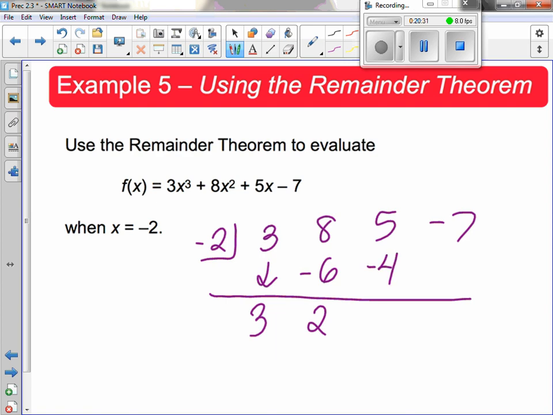Add those together, we get 1. 1 times -2 is -2, which gives us -9. So if we plug negative 2 into the function, we would get negative 9. It tells us the same thing.